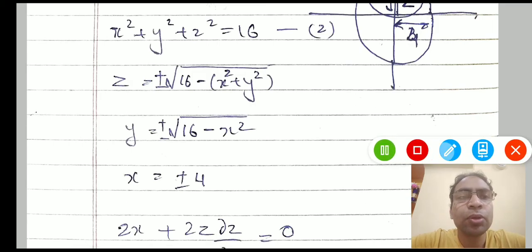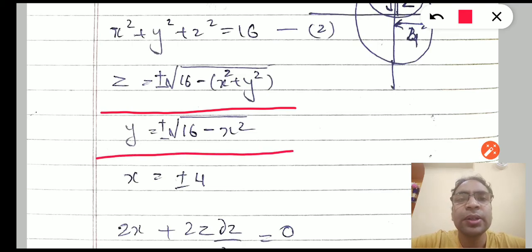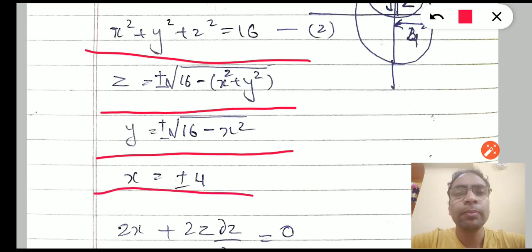So z comes to be plus minus under root 16 minus x square minus y square, and y comes to be plus minus under root 16 minus x square by keeping z equal to 0, and x will be equal to plus minus 4 by keeping z and y equal to 0.